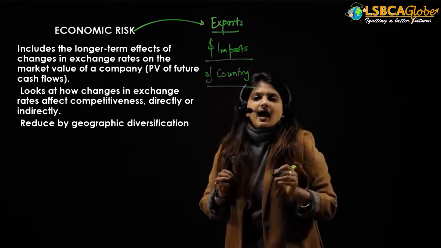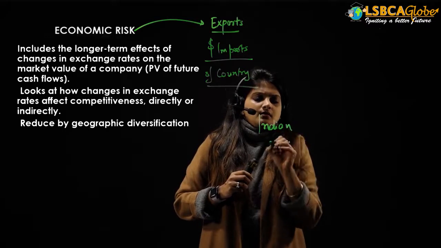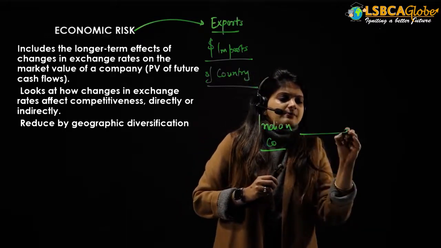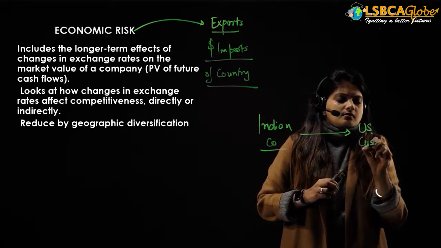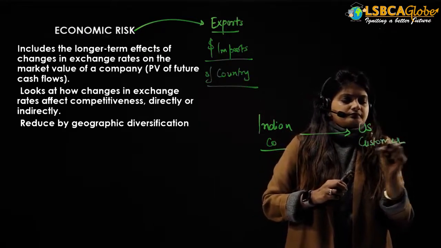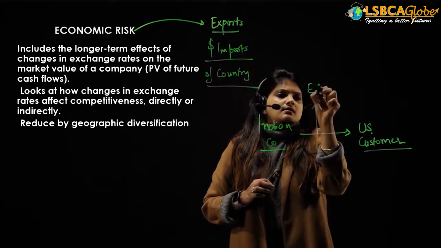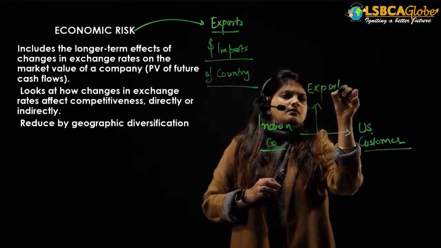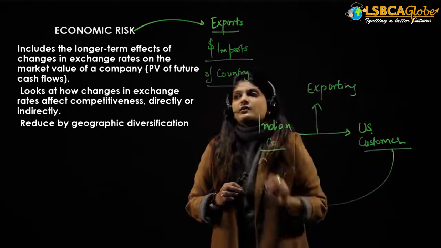So let's say I am an Indian company making exports to a US customer. So if I am exporting the goods, I expect to receive the payment from this US customer.